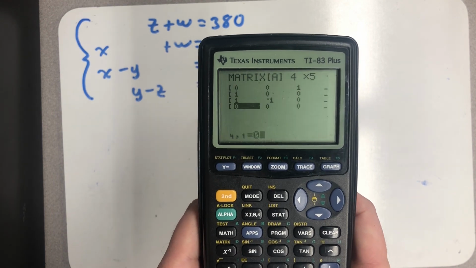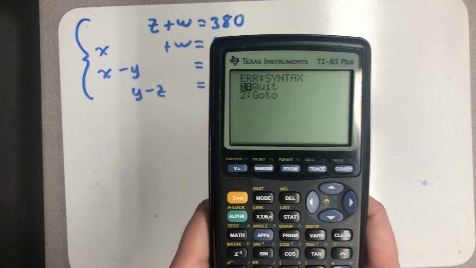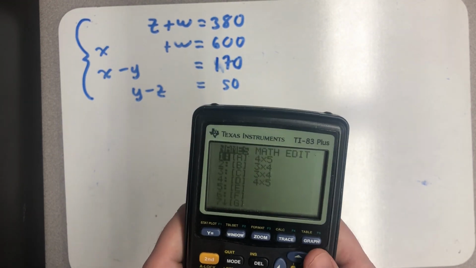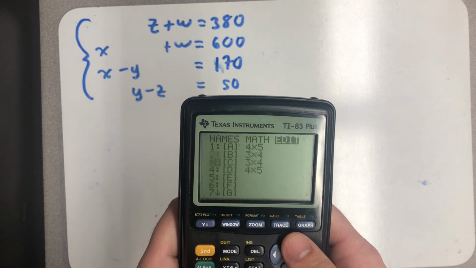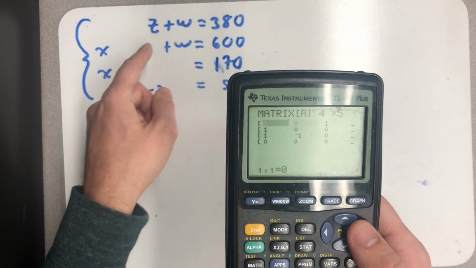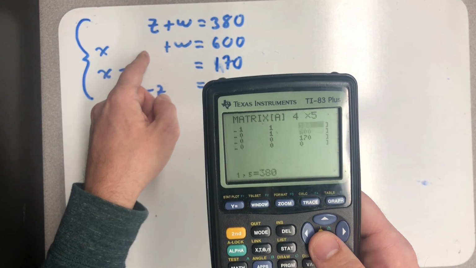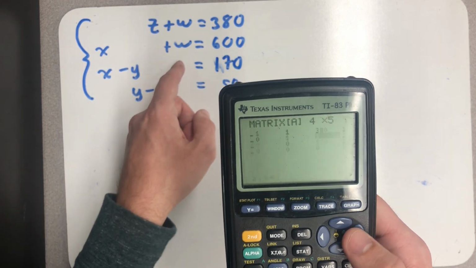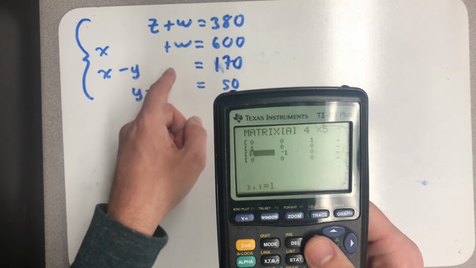Apparently I hit a button wrong there, so let's go back in there. I should probably just start over, but I'm not going to. So I had 0, 0, 1, 1, 380. In the second row, 1, 0, 0, 1, 600. Everything looks good so far.